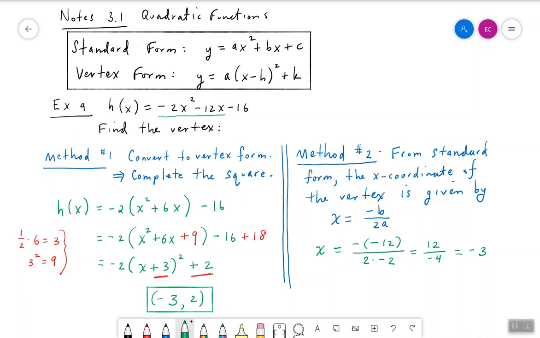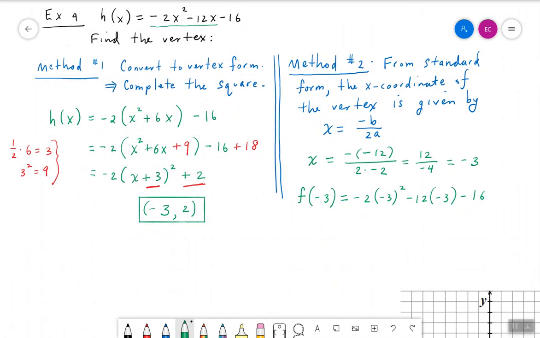And then the y coordinate of the vertex requires that we plug in that negative 3 into the function. So we have negative 2 times negative 3 squared minus 12 times negative 3 minus 16. And then let's be careful here. There's a little bit of arithmetic.